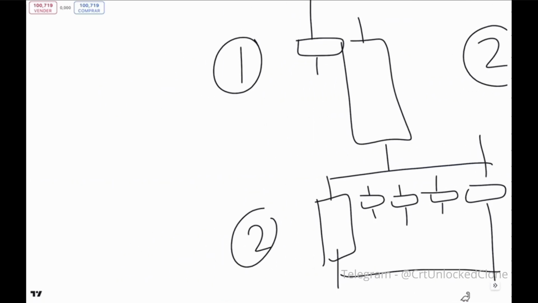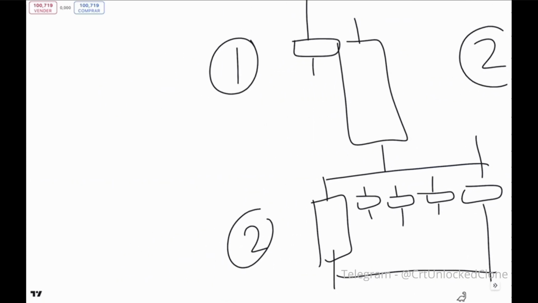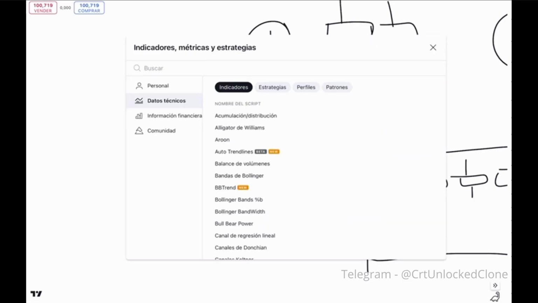Now it comes to the time frame alignment of CRT. Let's start from the monthly and go down all the way to the 4 hour, right? So we start at the monthly.